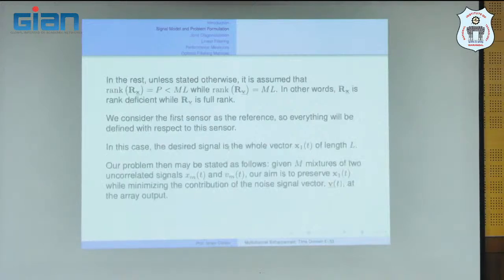And we assume that the rank of the noise, rank of Rv, is ML, so it's a full rank matrix. And the rank of Rx is smaller, is P, which is smaller than ML.